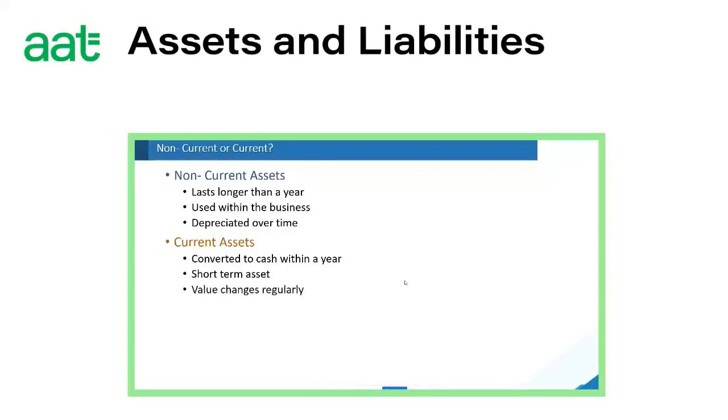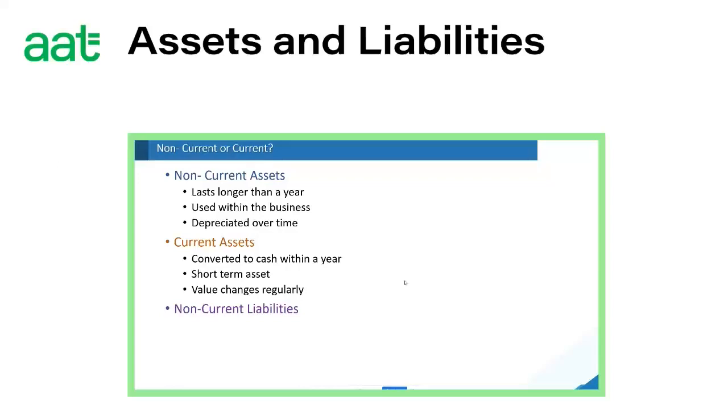The values are changing regularly, whether this is your stock value, your bank account value, or your debtors. So we'd hope that debtors will pay us and then we'll get other debtors. So the values constantly are going up and down. So it's really important that we're aware of where they fit within the financial statements.